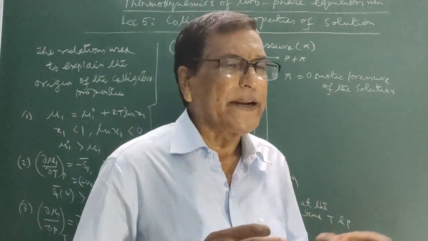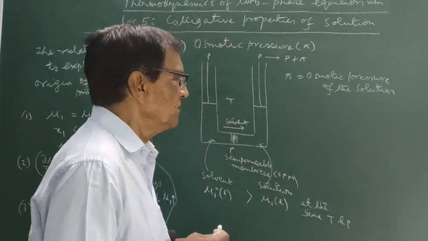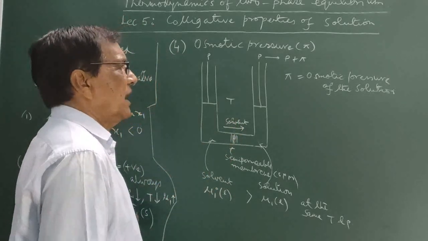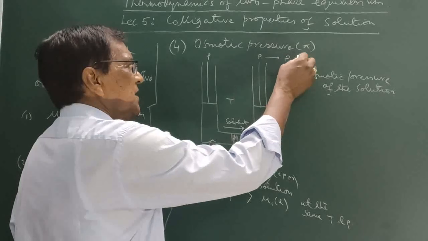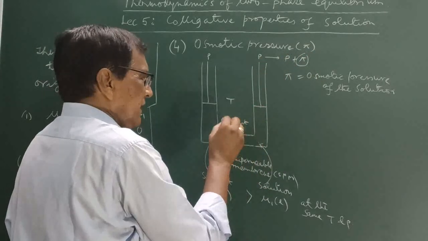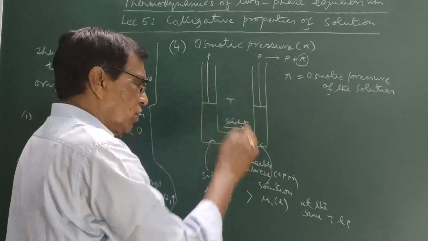If we like to stop this flow of the solvent, we shall have to add some additional pressure. This is pi, the additional pressure on the solution side in order to stop the osmosis.